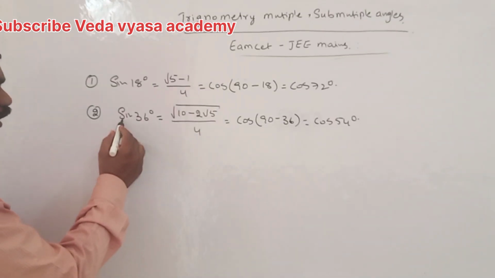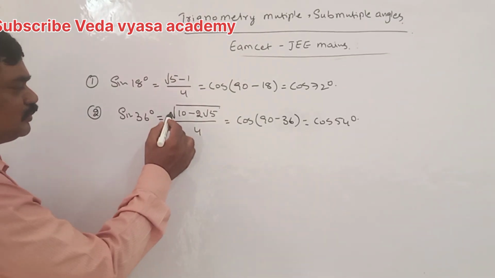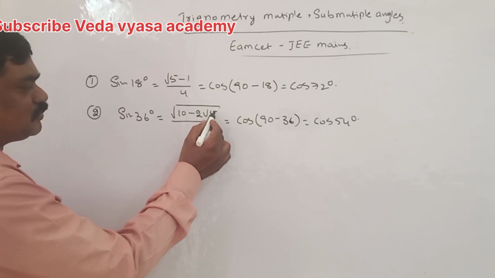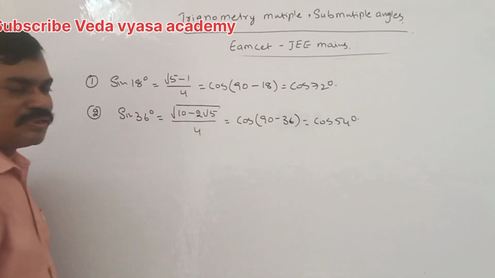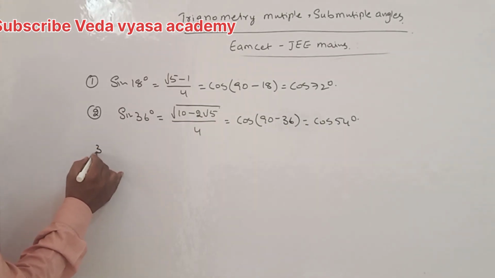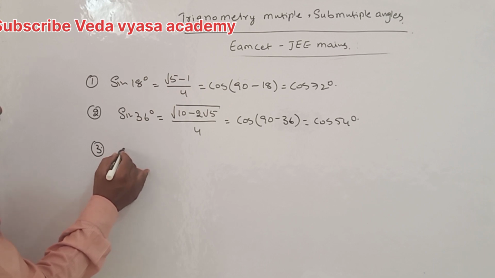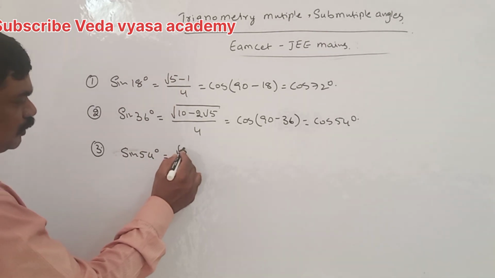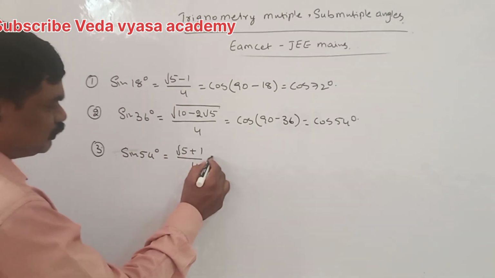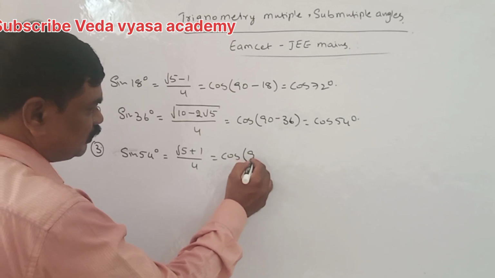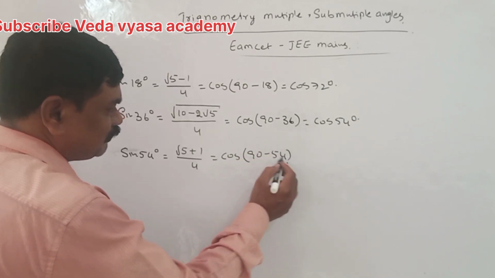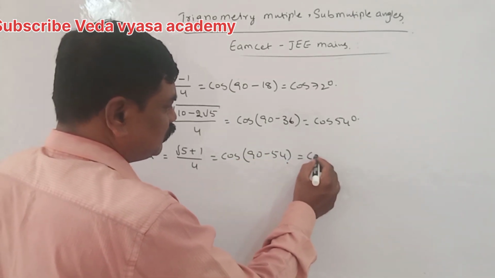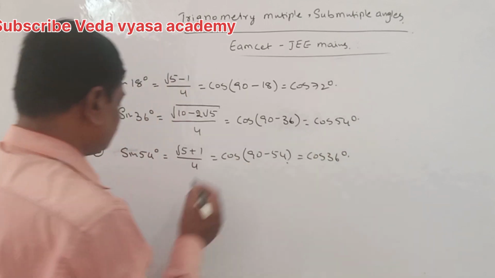Means sin 36 degrees is equal to root over 10 minus 2 root 5 by 4, which is equal to cos 54 degrees. Third one, this is sin 54 degrees. Sin 54 degrees is equal to root 5 plus 1 by 4, which is equal to cos of 90 minus 54, that is cos 36 degrees.